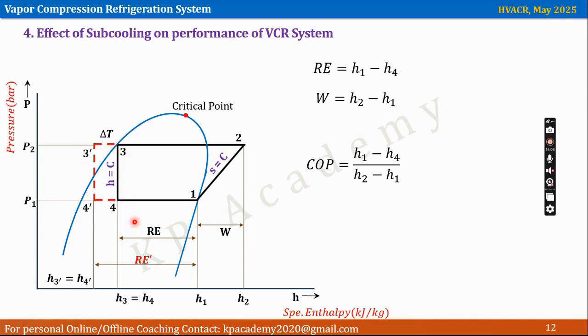Now, because of subcooling, what is happening here? The refrigerating effect increases. H1 minus H4 dash. Earlier it was H1 minus H4. Now it is H1 minus H4 dash. So that's why refrigerating effect increases.